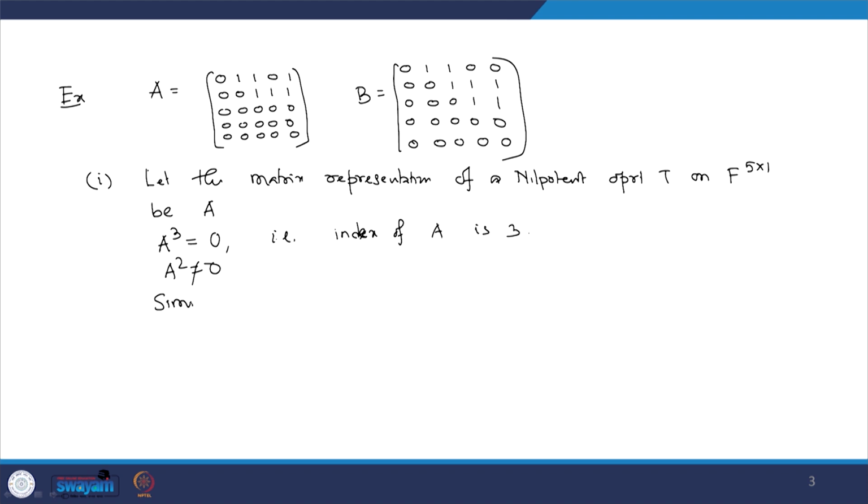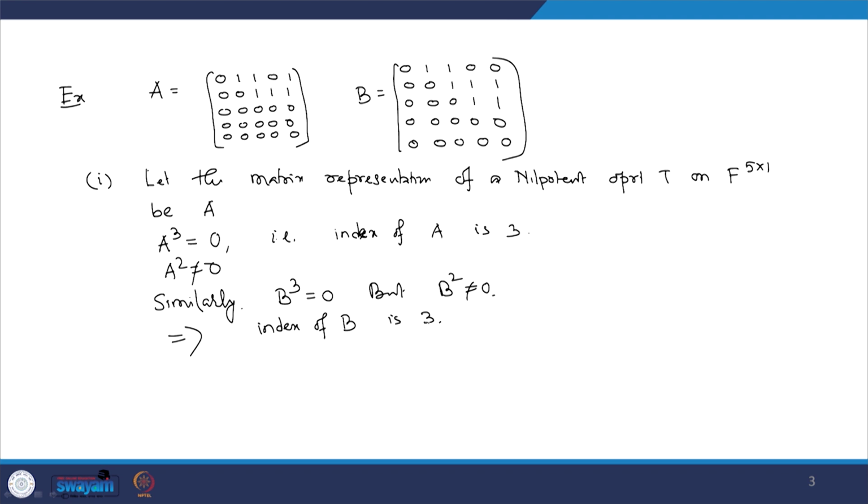Similarly, you can check that B to the power 3 equals 0, but B to the power 2 is not equal to 0, which implies the index of B is 3.